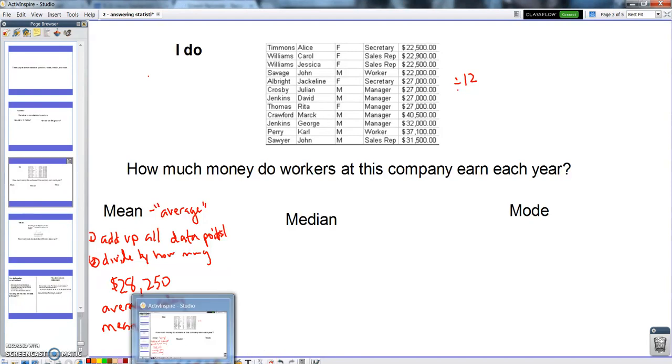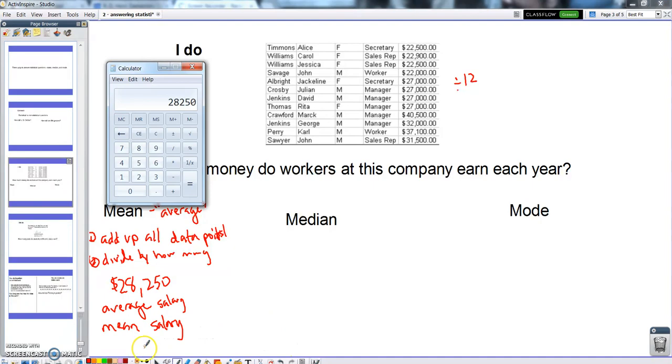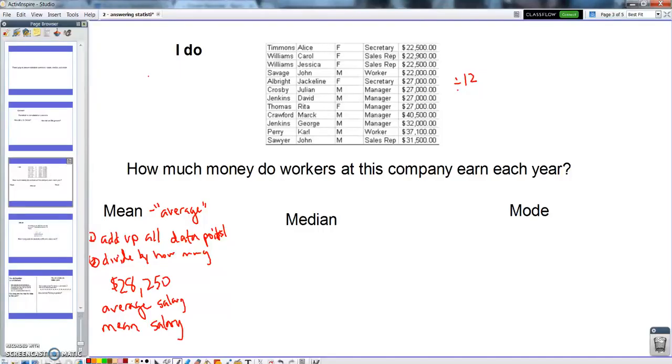You'll get used to it in math, having that different meaning than what you're used to. So that's one way to do it. A lot of times you'll hear it said, like, yeah, the average person at this company makes $28,250. What's interesting about that is nobody at the company makes $28,250. Nobody makes that exact amount, but it sort of represents the salary that a range of people make.